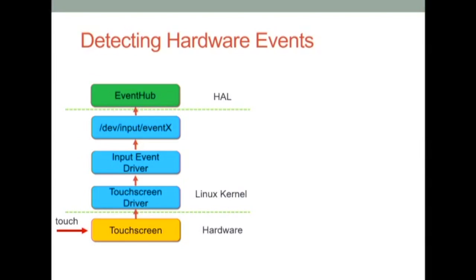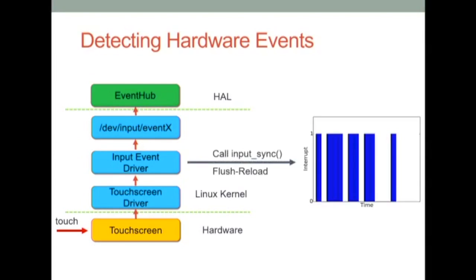Here I'm showing how the touch screen event is dispatched to the rest of the operating system, and we can directly use the Flush+Reload attack to monitor a function called input_sync. Using this method, we can learn when the touch screen event happens, so we can generate a sequence of interrupts that are generated by the touch screen events.